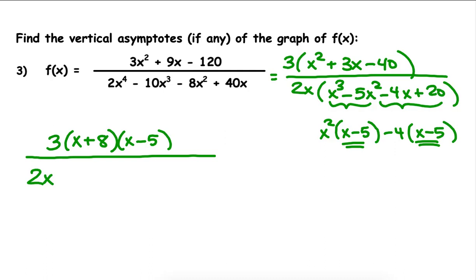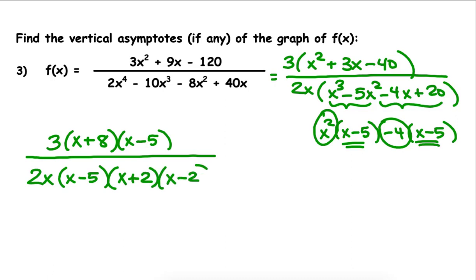And since the x minus 5's match, I can factor it out. Put it down here, x minus 5 coming out, leaving me with just x squared minus 4, which I recognize as (x plus 2)(x minus 2). Difference of 2 squares, again from Algebra 1. Whew, okay. All right, factoring is finished.